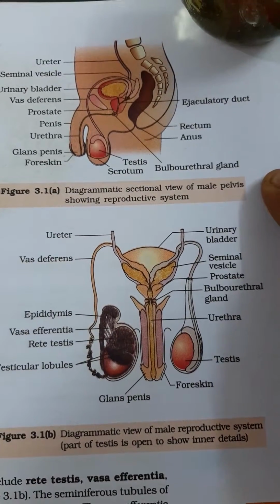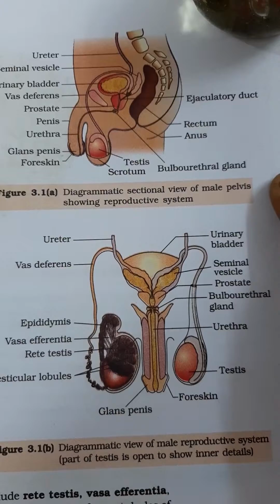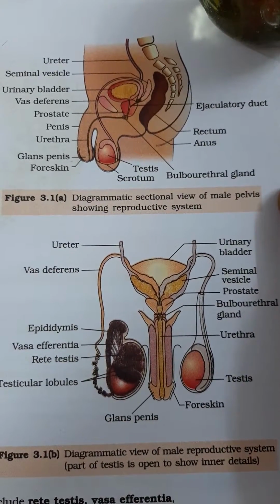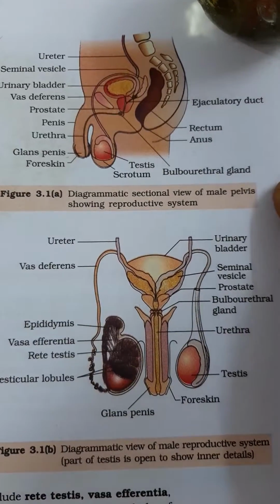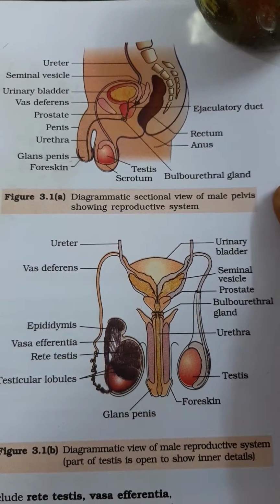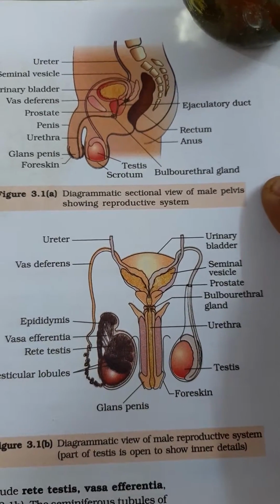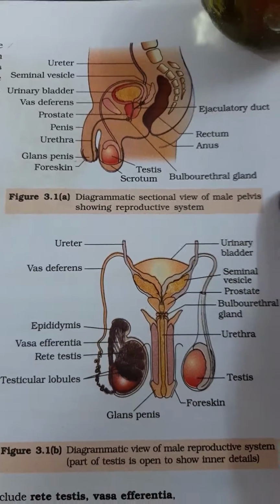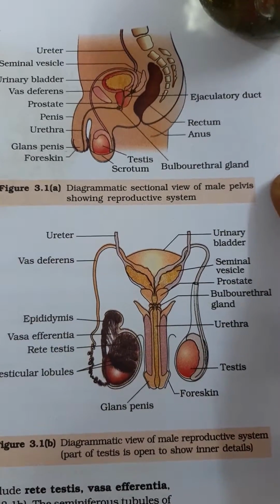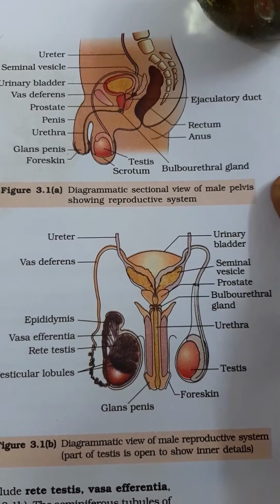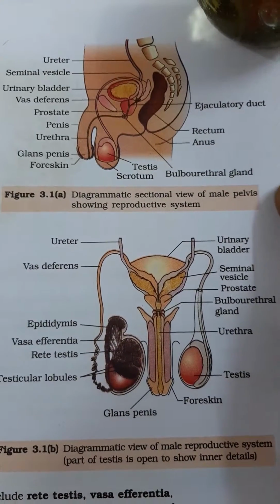The region outside the seminiferous tubules is called the interstitial space, and it contains small blood vessels and interstitial cells, which are also called Leydig cells. The major function of Leydig cells is to synthesize and secrete the testicular hormones, which are also called androgens. Apart from that, the Sertoli cells provide nutrition to the developing germ cells.